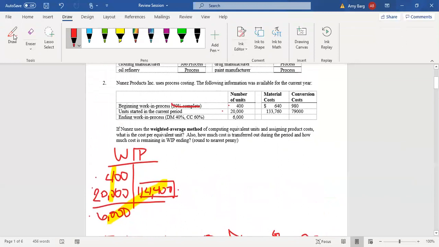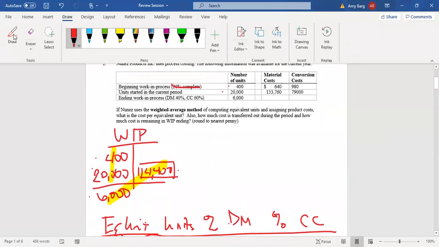If we go back up to the fact pattern though, it tells us that ending WIP is right here. It tells us that direct materials are only 40% done and conversion costs are only 60% completed.